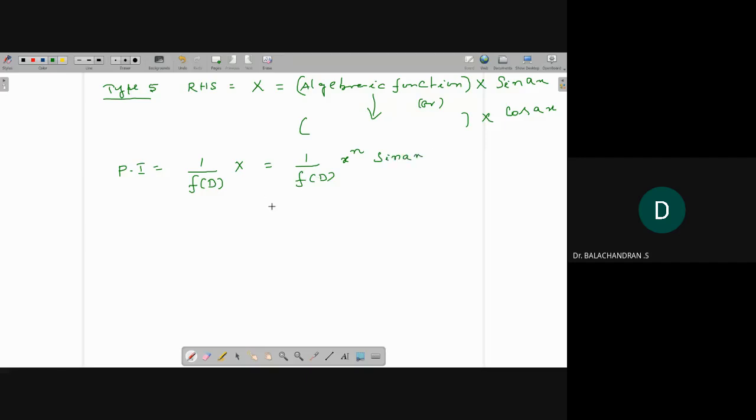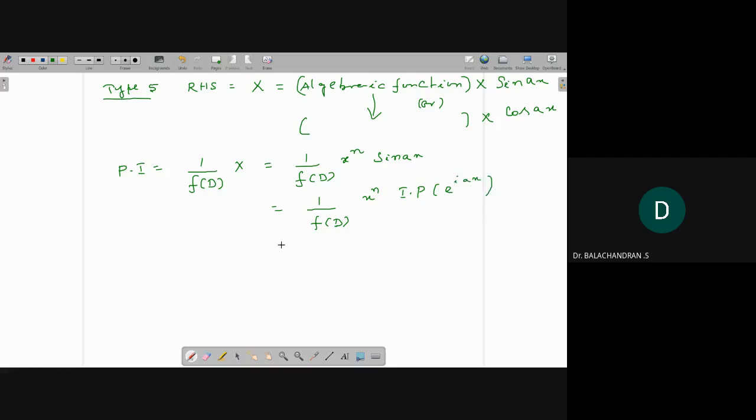Then you can write this as 1 by f of D into x power n into the imaginary part of e power iax.